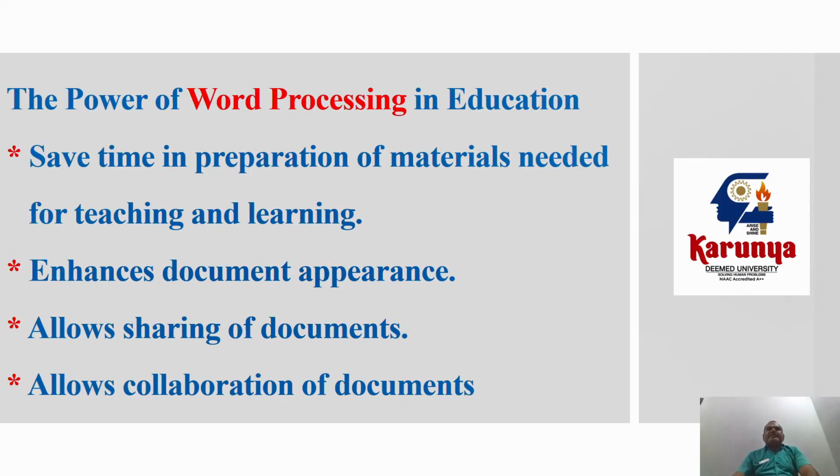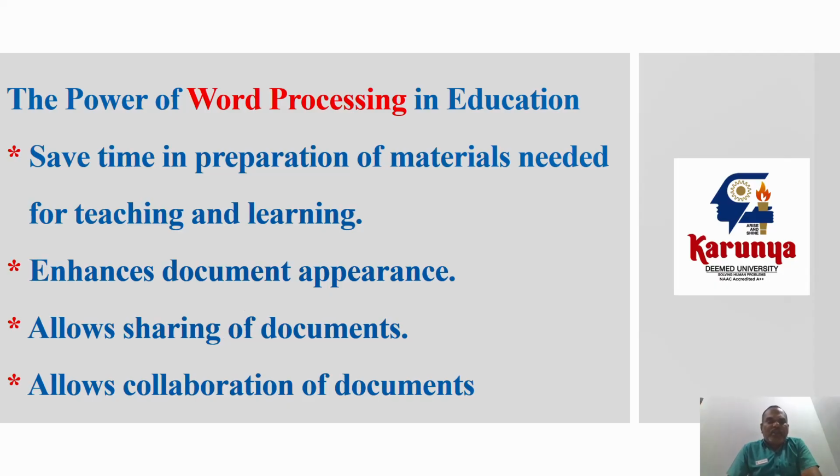Then it enhances document appearance. When we compare a handwritten document with a computer-made document, we can feel the difference, and the appearance shows which is the best one. Then it allows sharing of documents. Writing a document by hand, I can share it with a single person, but a soft copy of a document I can share with many people in a single minute.